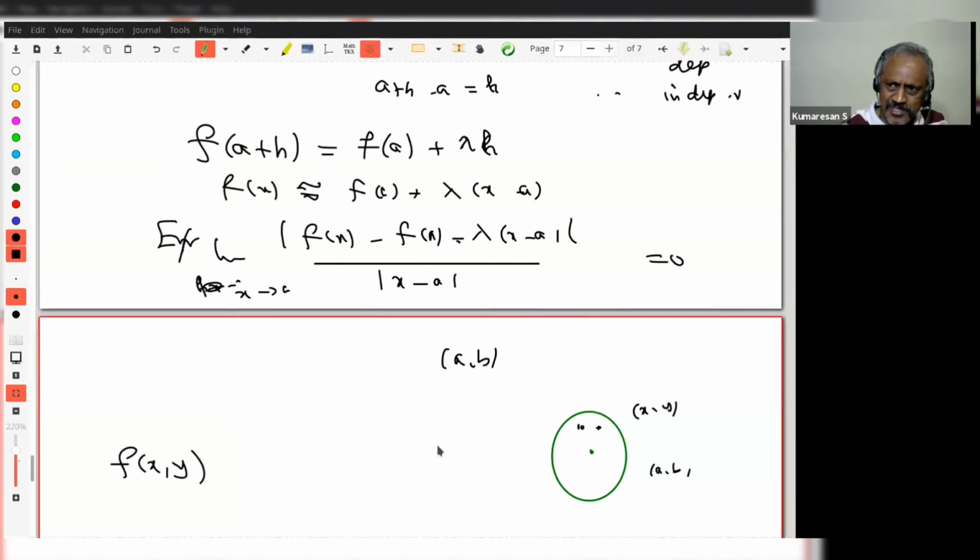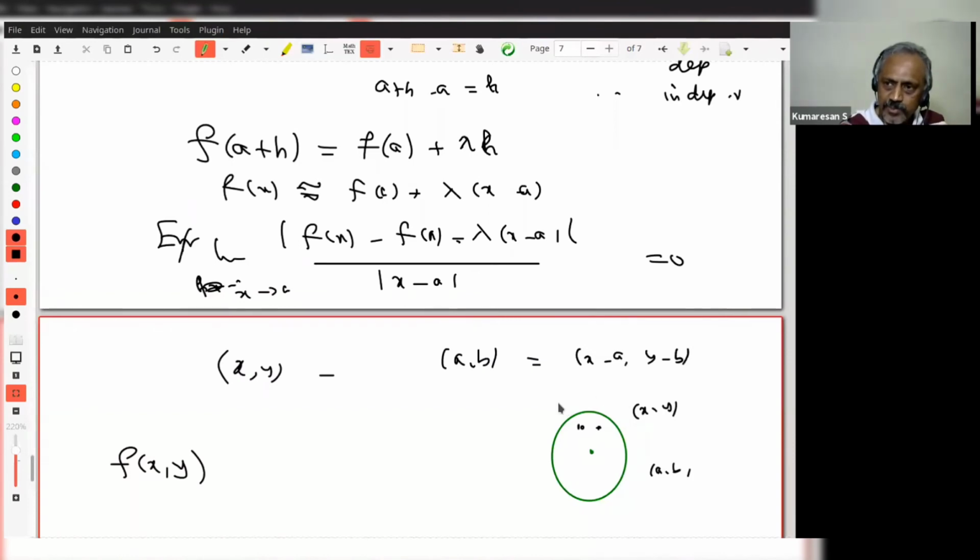I want you to simply say in text, paraphrase. I don't want symbols. I don't want mathematics. I should be able to approximate f(x, y) by means of a first degree polynomial in what? In the increment in the independent variable. What is the increment? The increment is (x, y) minus (a, b), that is x minus a, y minus b.